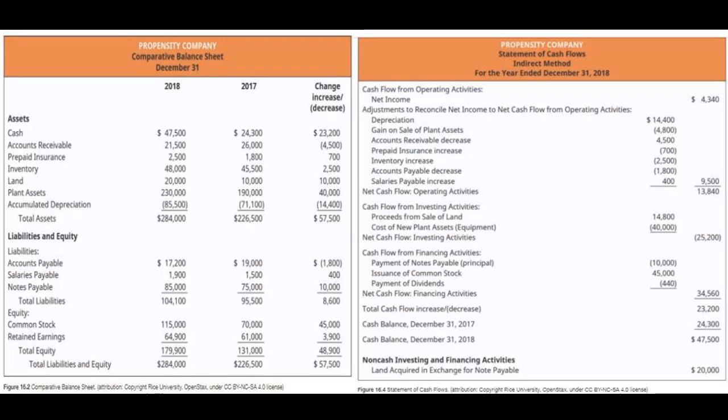In one or two isolated incidents, you might take a number and split it in half, or divide it into multiple pieces, or take a couple of numbers from 16.2 and combine them for 16.4. By and large, though, you are using figure 16.2 to create figure 16.4.